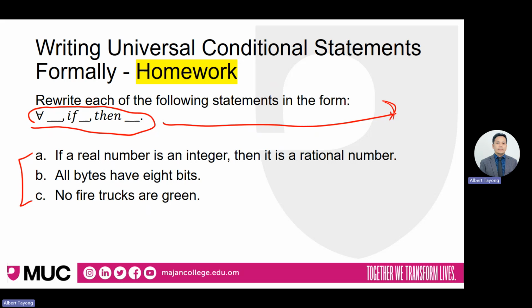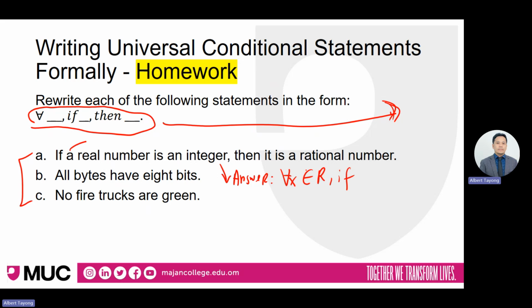This is just a homework: use this form to change our English sentences into predicate form. Here we have, if a real number. The answer for this is for all x, because every here is for real numbers.